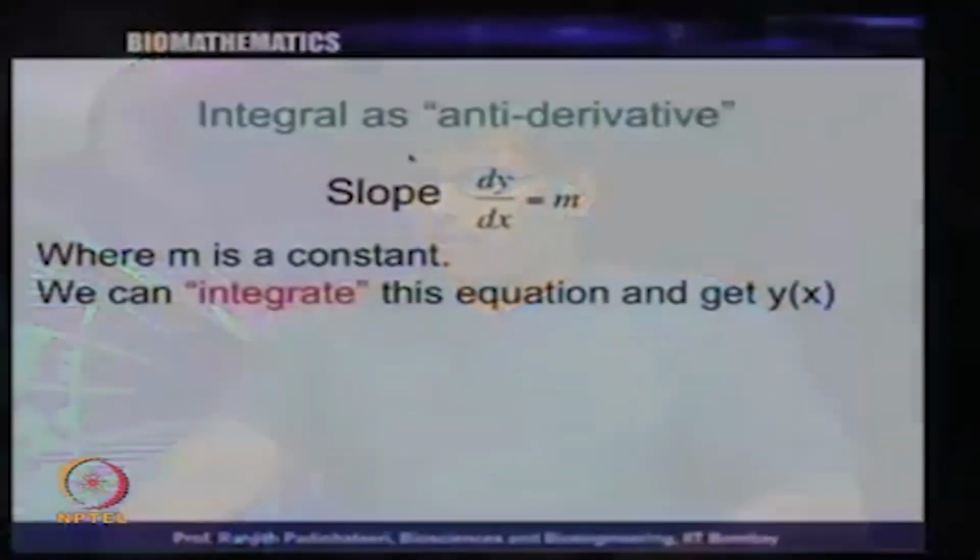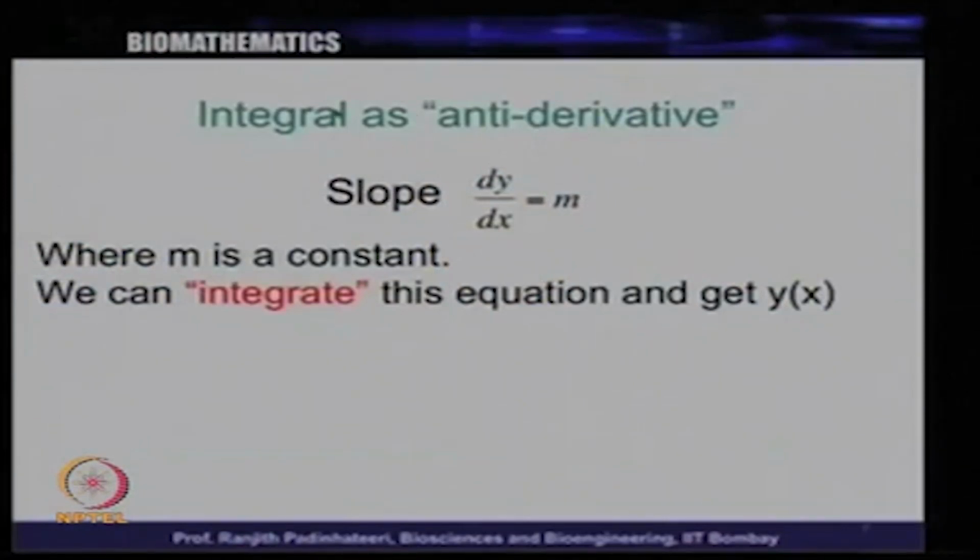So, let us look at the next slide. The integral is nothing but the antiderivative, that is, the opposite of derivative. Previously we said if you know the curve, you can find the slope, and that technique, the way of finding the slope, was called derivative.